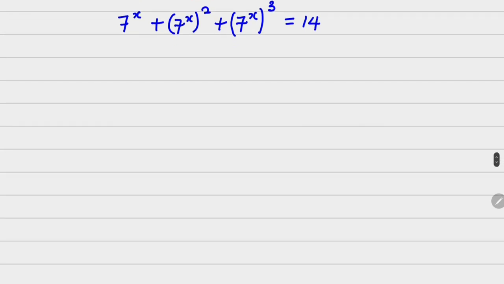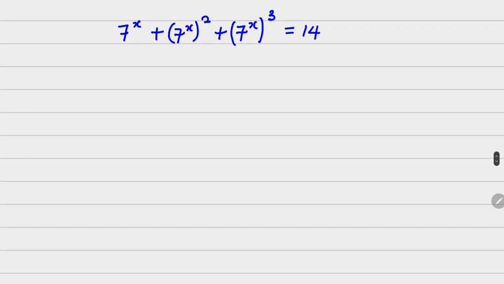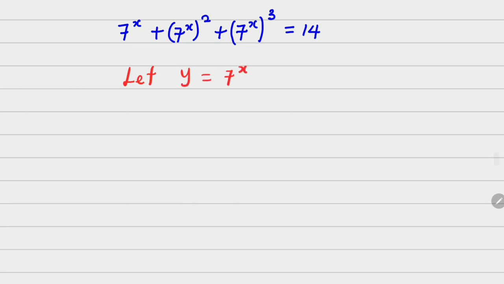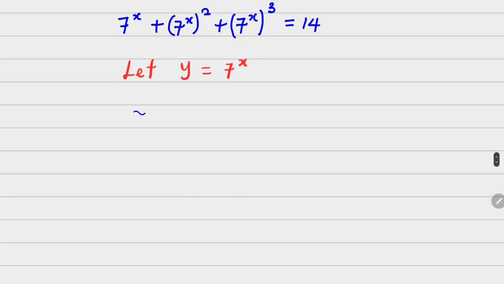Now you see from here I can actually factorize, or better still, just to take away the indices part, let me say let y be equal to 7 raised to power x. Now as soon as y is 7 raised to power x, the equation will become y plus y squared plus y cubed is equal to 14.